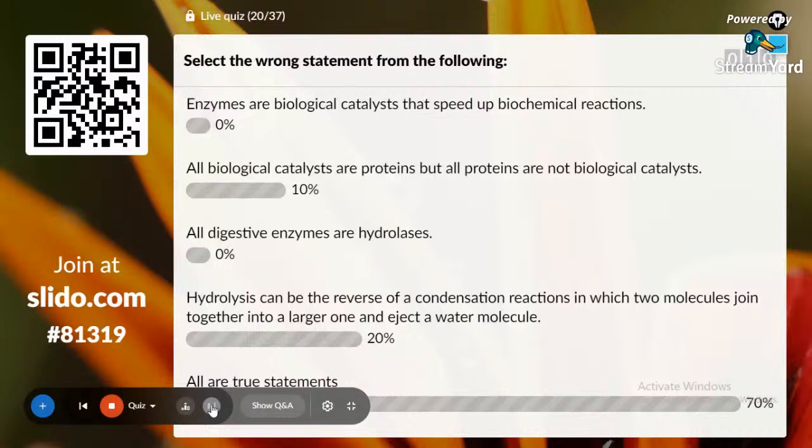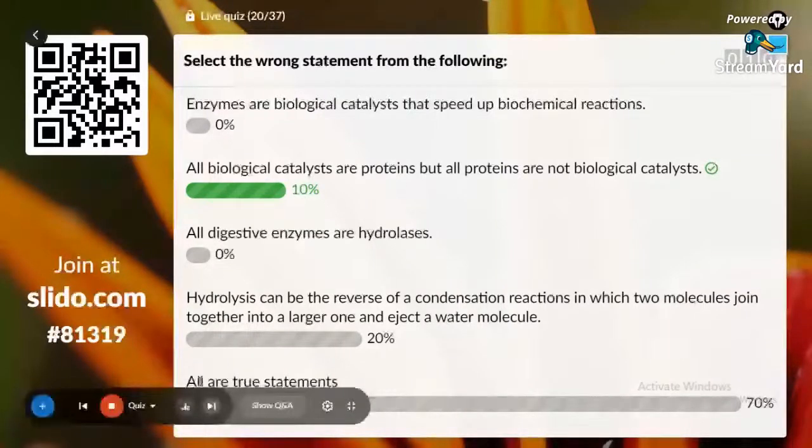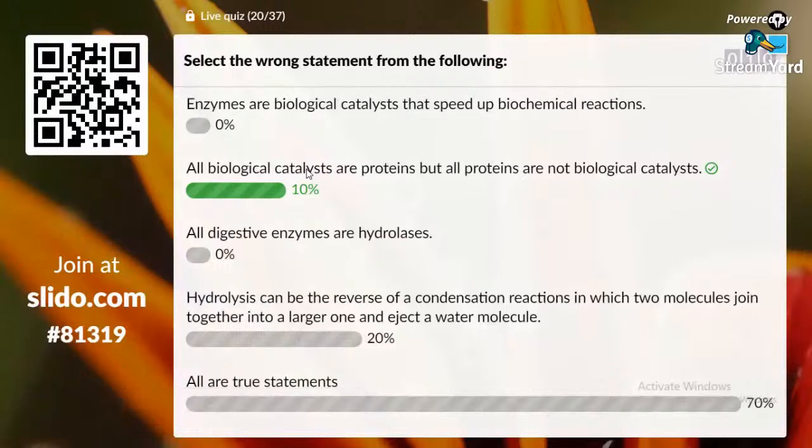All the above statements are true. Guys, I asked you about the wrong statement. Why then 70%? All these are correct statements. This is the wrong statement: all biological catalysts are proteins, but all proteins are not biological catalysts.